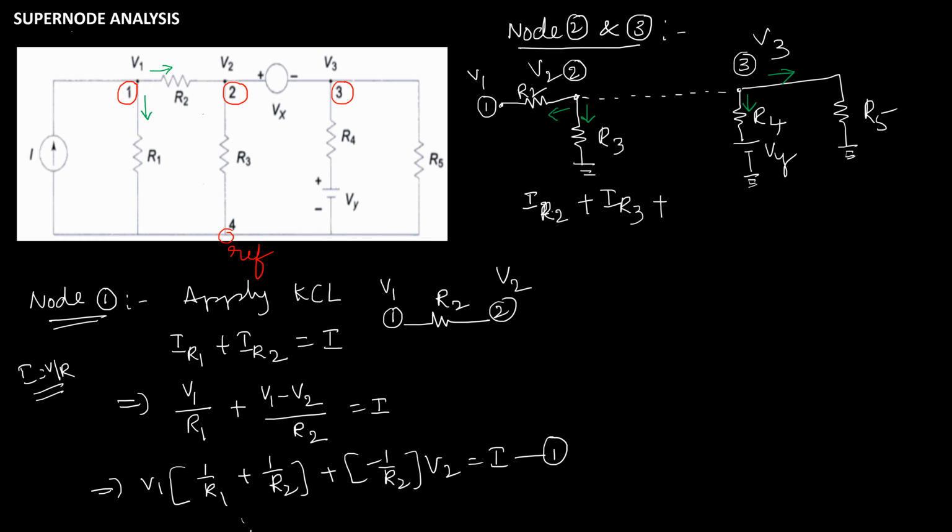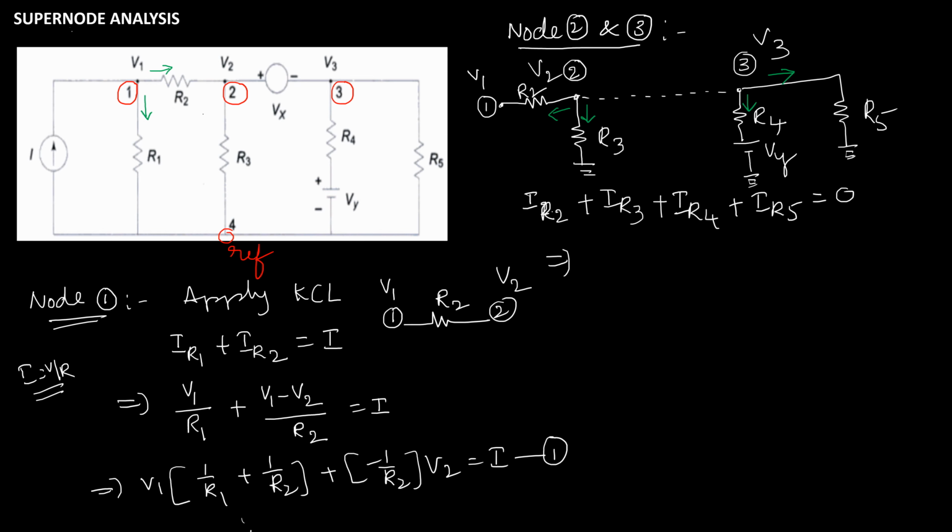So plus, keep plus, because the current flowing through R4 and current flowing through R5 were both leaving from the third node. So we are summing up the leaving currents at both node 2 and node 3. So next term will be current flowing through R4, next current flowing through R5. Are there any entering currents? No. So that's why keep it equal to 0.